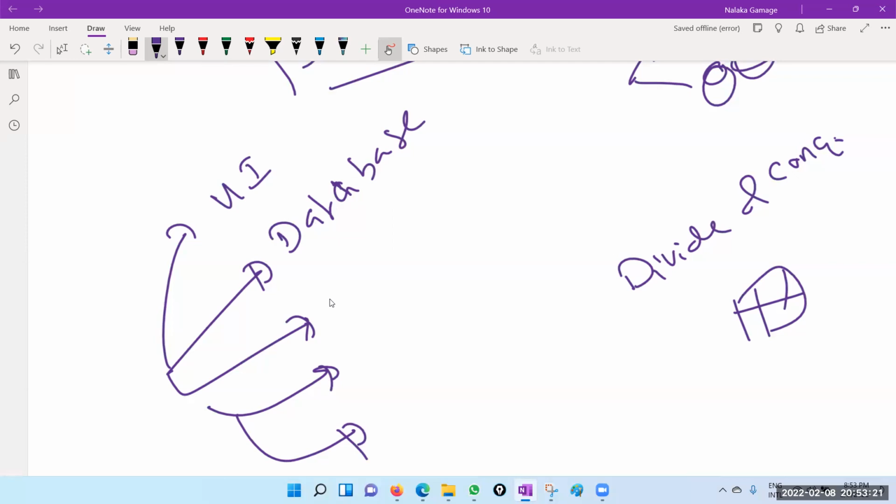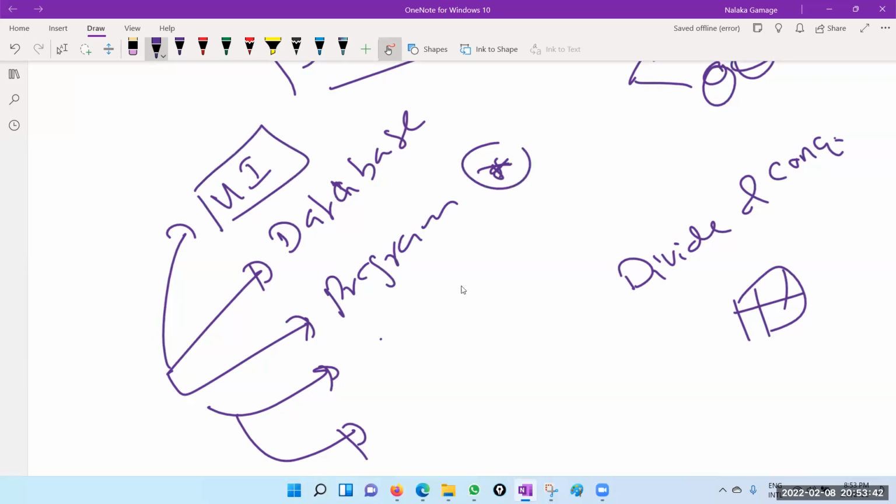Then of course you can have program design. That is your main business logic and other things, component wise, and how they interact with each other. This is one of the main tasks. Then you can have designing of the system interfaces, just like user interfaces. You have to design how we are going to integrate with other systems.